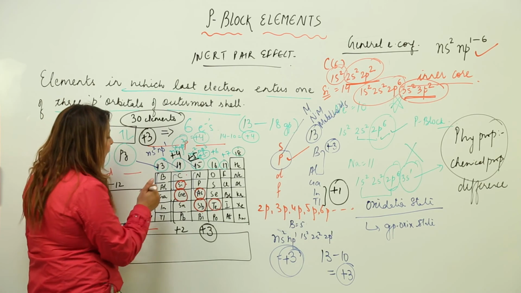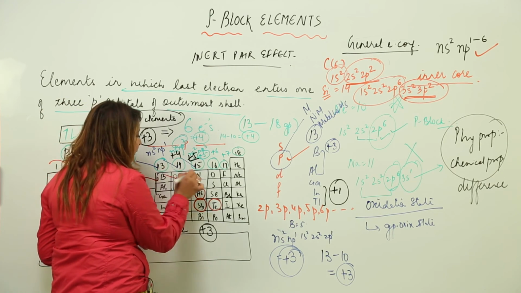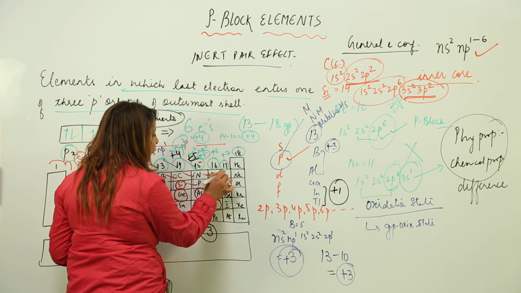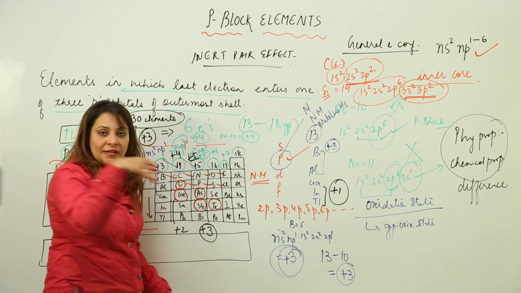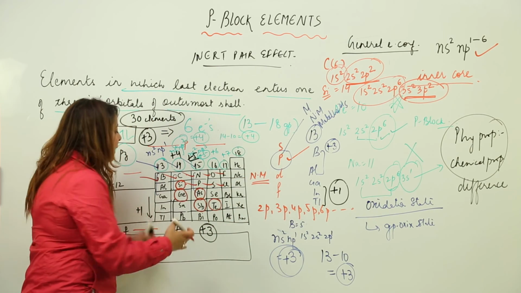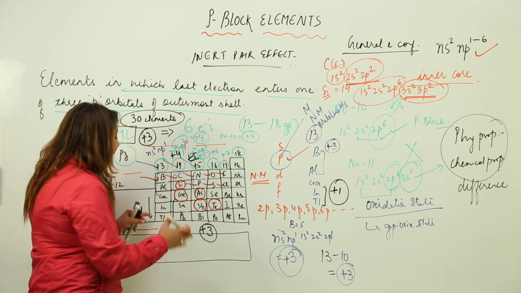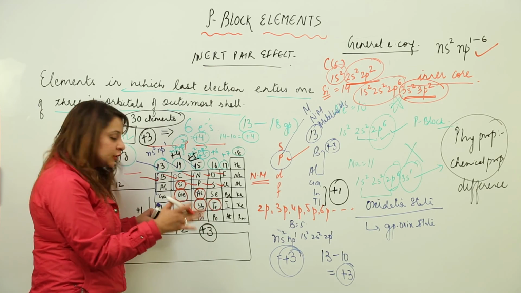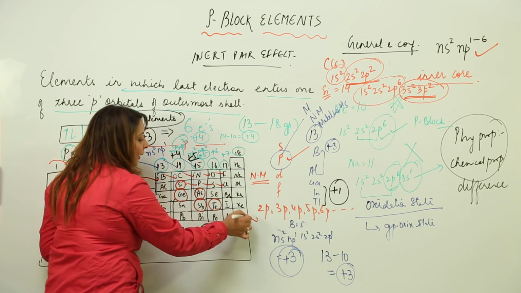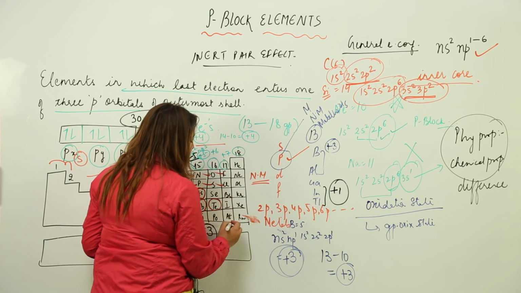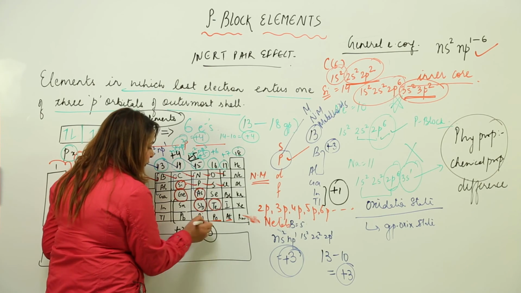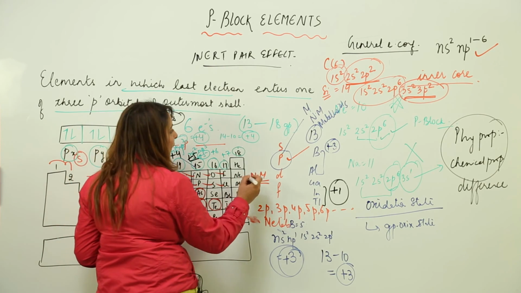And the elements present above, like boron, carbon, nitrogen, phosphorus, oxygen, sulfur, are typical non-metals. That means the elements present above are non-metals, in the middle they are metalloids, and the ones present at the bottom you can say are typical metals. I am not talking about group 18, right? I am talking about these, polonium, bismuth and all, they are typical metals.